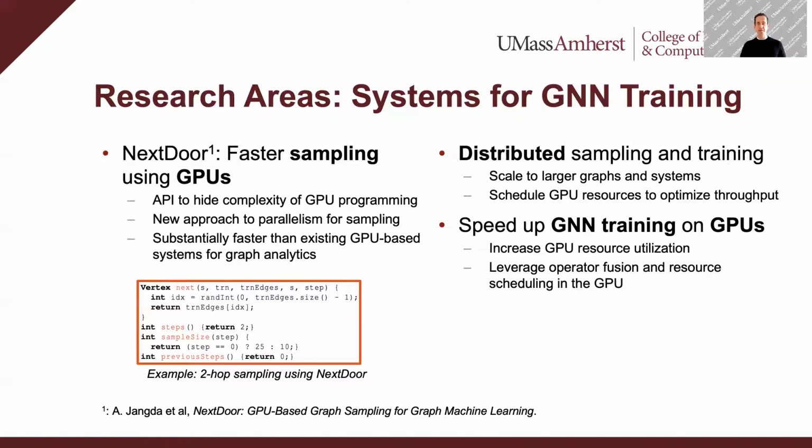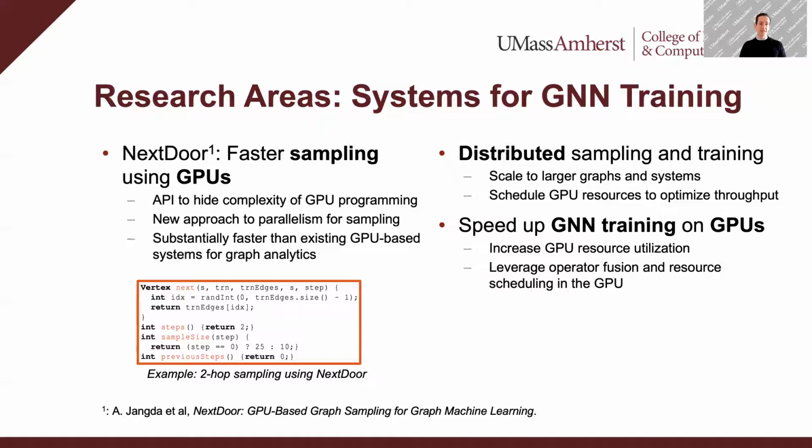The idea is to provide programming abstractions, an API that hides the complexity of GPU programming, while at the same time offering machine learning experts the possibility of implementing their own sampling algorithm, while providing much better performance than any CPU or GPU-based implementation that exists.